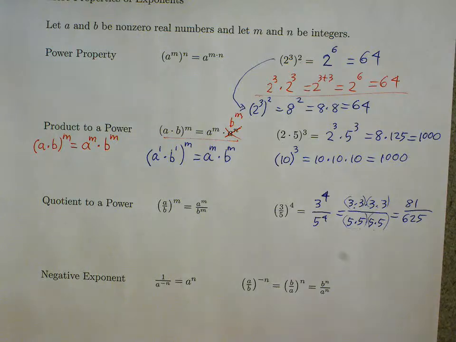So I'll make a passing comment. We started with a base number that is a fraction, 3/5. And notice that 3/5 is in lowest terms already. So if you raise a fraction that's in lowest terms to a positive integer exponent, then the resulting fraction will also be in lowest terms.